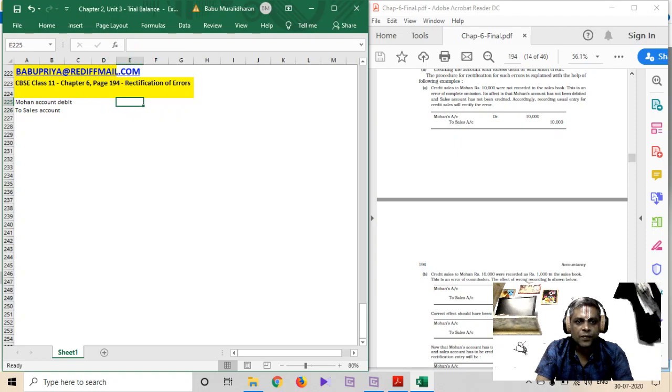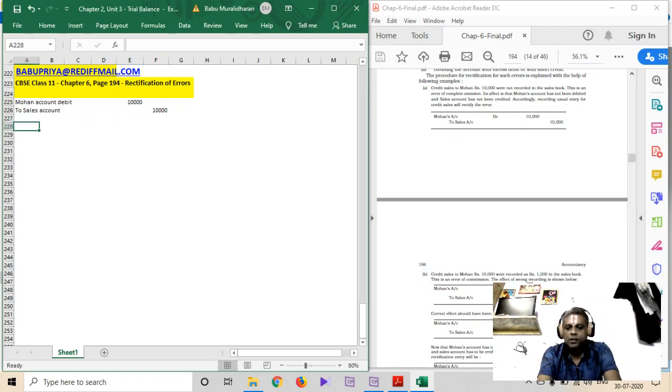Now let's take the next one. Credit sales to Mohan, rupees 10,000, were recorded as rupees 1,000 in the sales book. Credit sales recorded as rupees 1,000 instead of rupees 10,000.